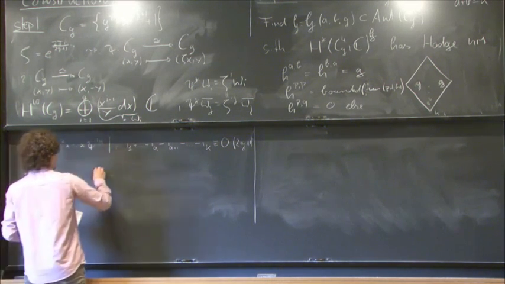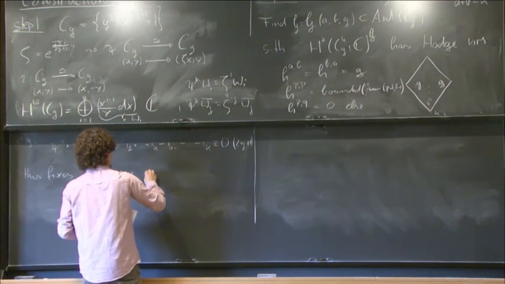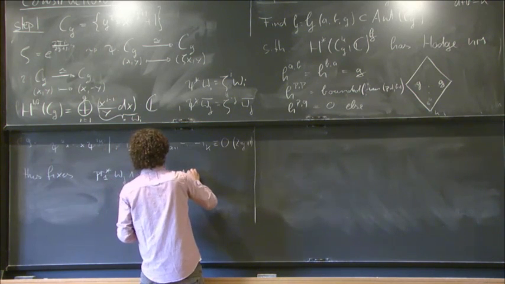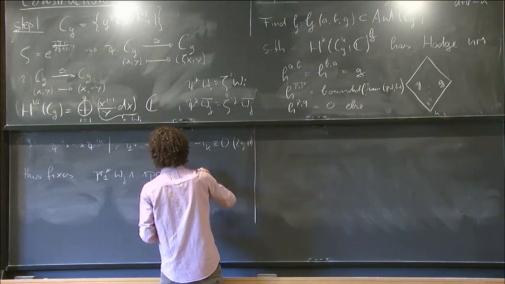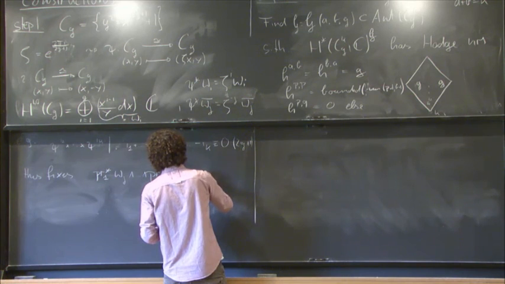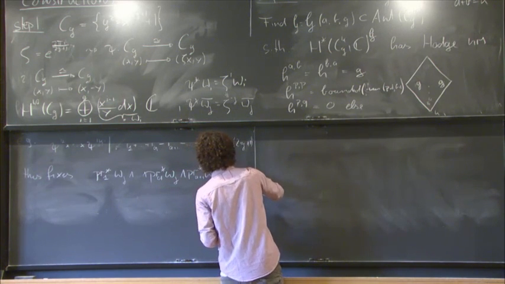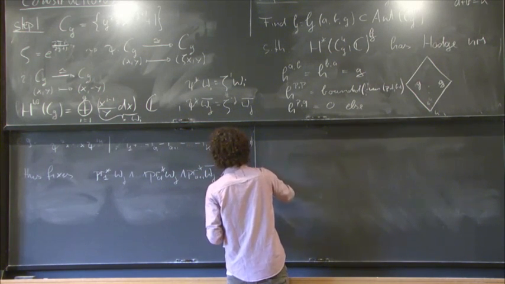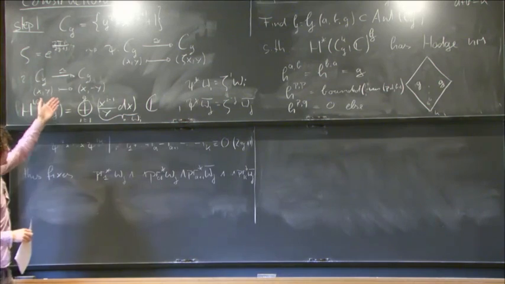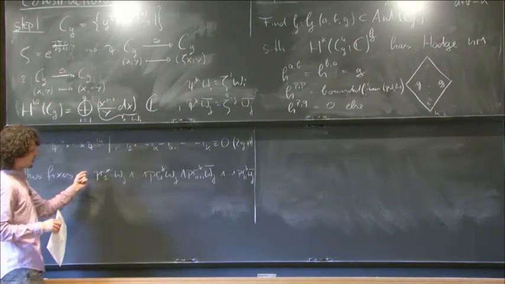This fixes the class. So for all j, we have this (1,0) class on the curve C_j, and we have a projection to the ith factor, and we can pull back this class.